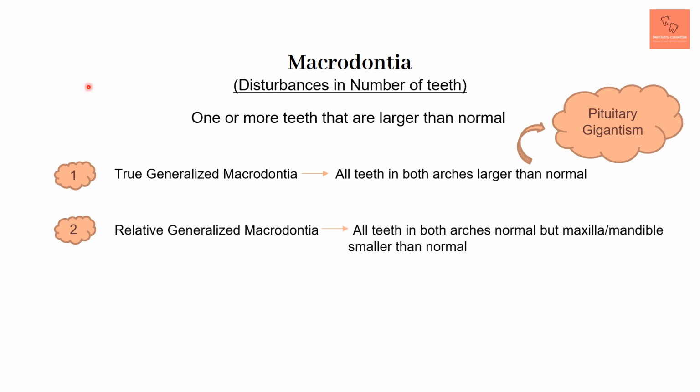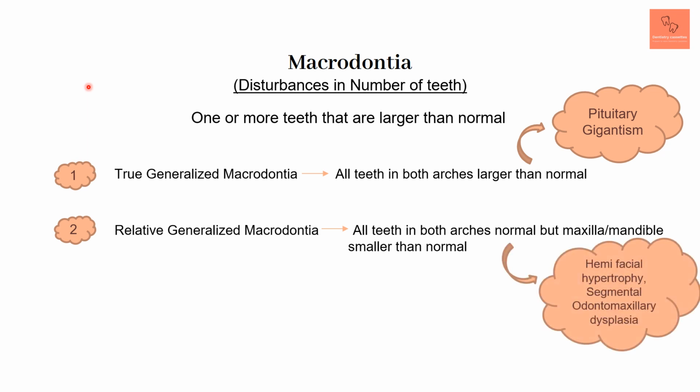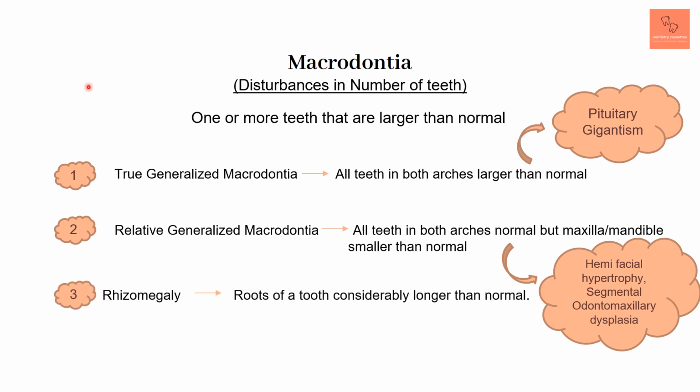It is when the maxilla or the mandible are smaller than normal. This type of macrodontia is often seen in case of hemifacial hypertrophy or with segmental odontomaxillary dysplasia. The last one is the rhizomegaly, in which the roots of teeth are considerably longer than normal. Here often the cuspids are involved, mainly the mandibular cuspids.